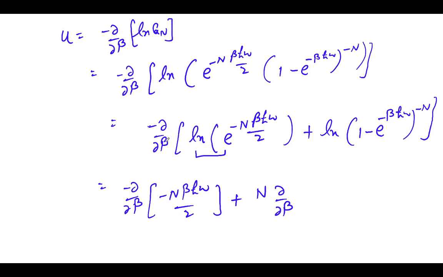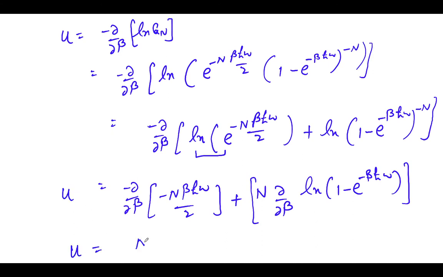I am opening the differentiation term as well, so it comes out to be log of 1 minus exponential of minus beta h bar omega. These are the two terms which you get. When you solve this, the value of U is n h bar omega by 2 plus n over 1 minus exponential of minus beta h bar omega.